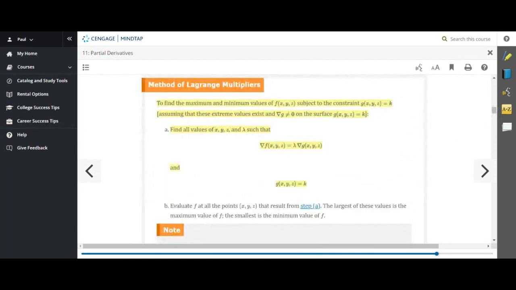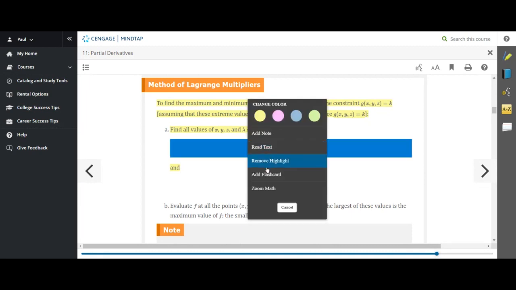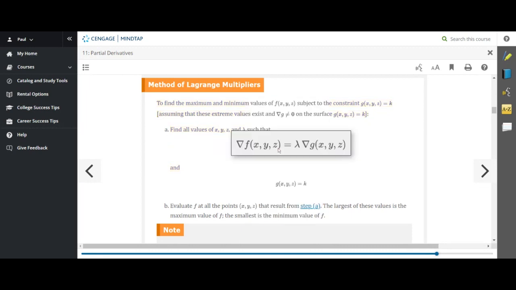This is the method of Lagrange multipliers to find the maximum and minimum values of a function subject to the constraint. You first of all use the Lagrangian equation, which is this equation, that allows you to find all values of x, y, z, and lambda such that the equation is true, subject to the constraint.